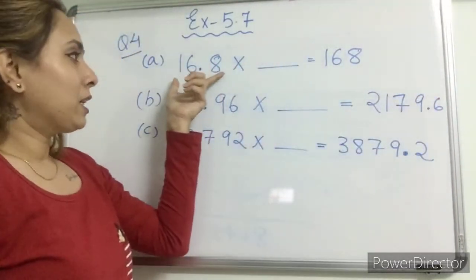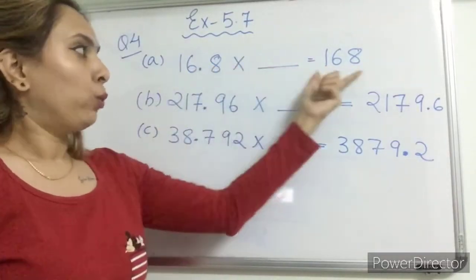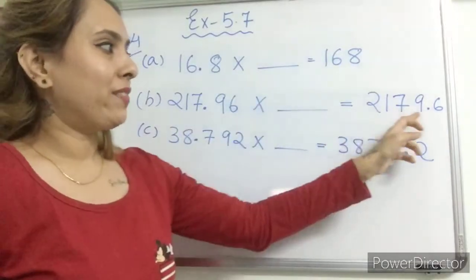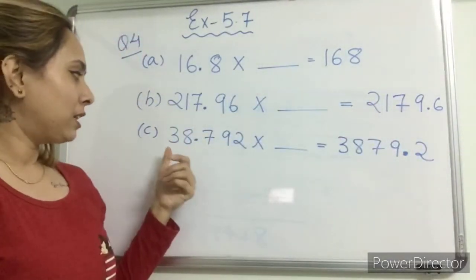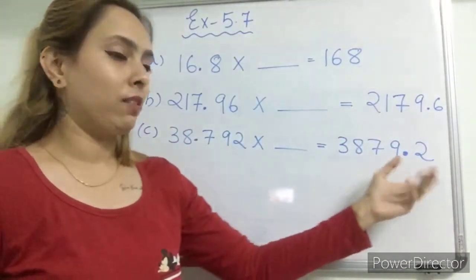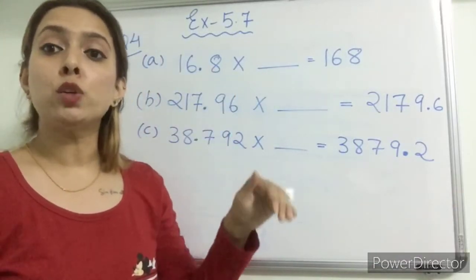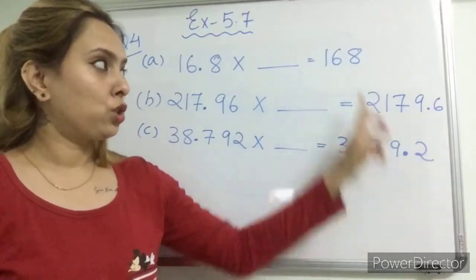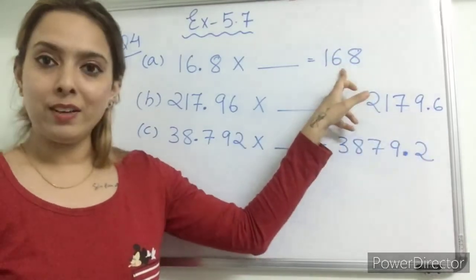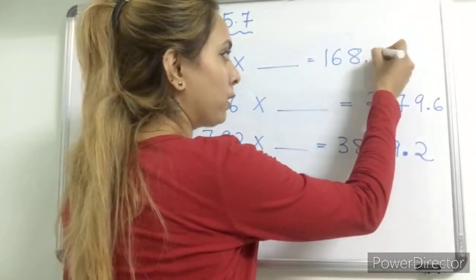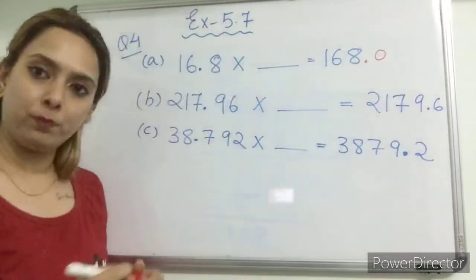Here you can see the digits are the same, 168, 168. Here the digits are the same, 21796, 21796. Here you can see 38792, 38792. The only difference is the position of the decimal. Here, if we do not have any decimal, it means it's a whole number, so we can put the decimal like this.